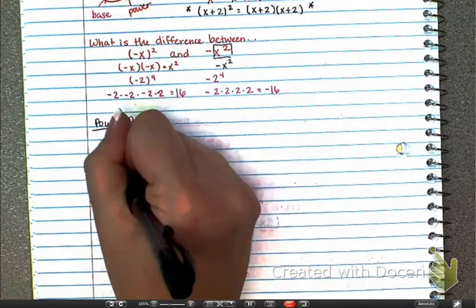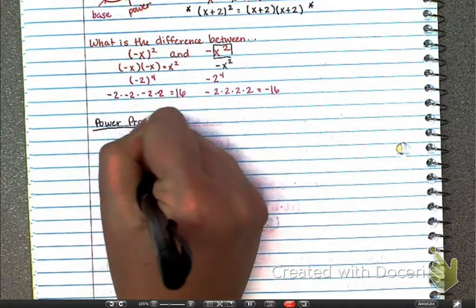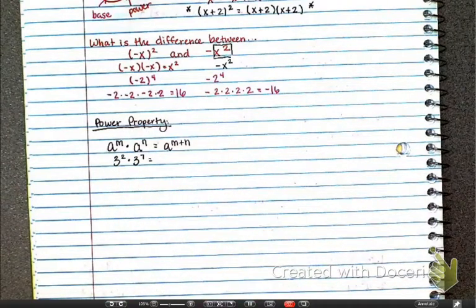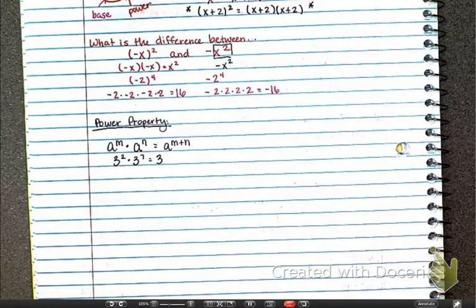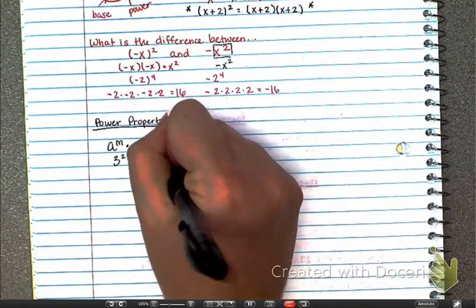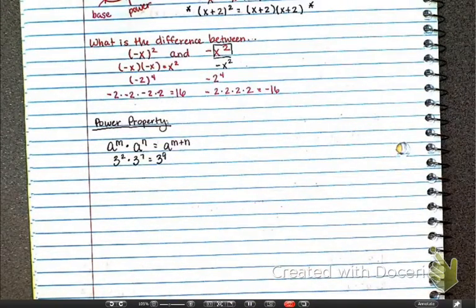So if I give you 3 squared times 3 to the 7th, what is that answer going to be? 2 plus 7? 9. 3 to the 9th. And then in your calculator, you use your caret button and you find the actual final answer. 3 to the 9th power, you multiply out 3 times 3 times 3, 9 times. Okay? Do we remember that property now that we've seen it?